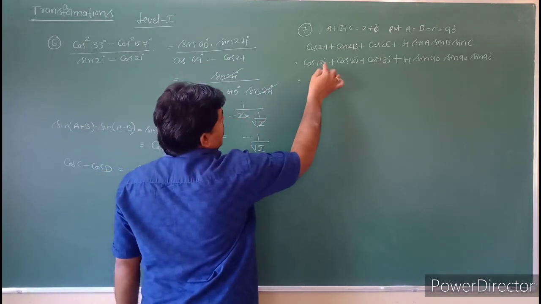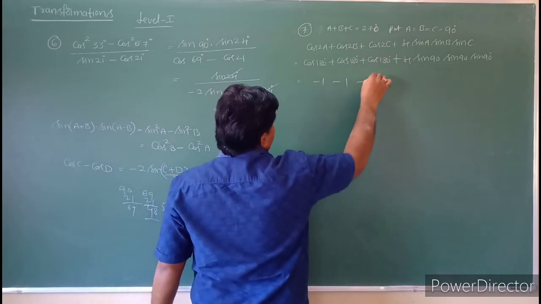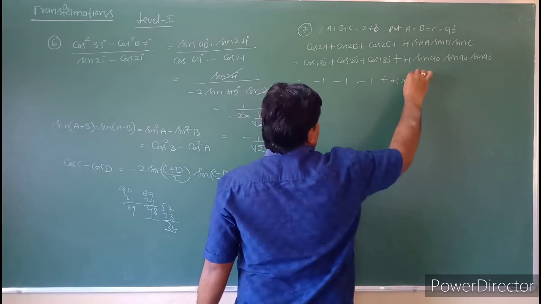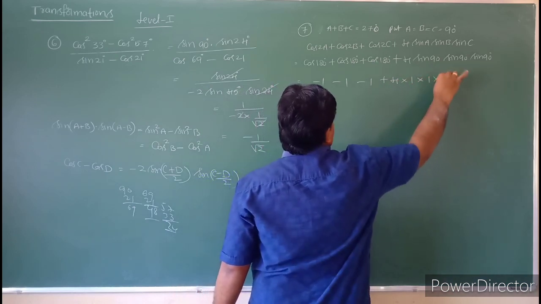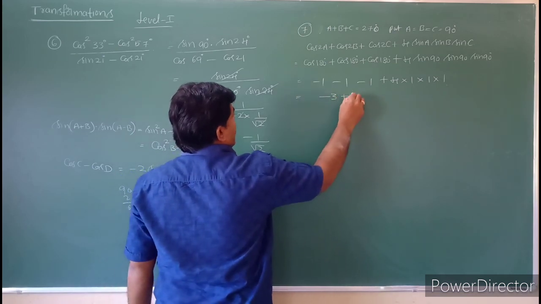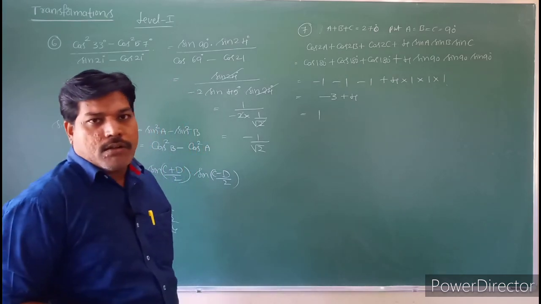What is cos 180? Cos 180 value is minus 1. So minus 1 minus 1 minus 1 plus 4 into sin 90, sin 90, sin 90. So this is minus 3 plus 4. So the answer is 1.